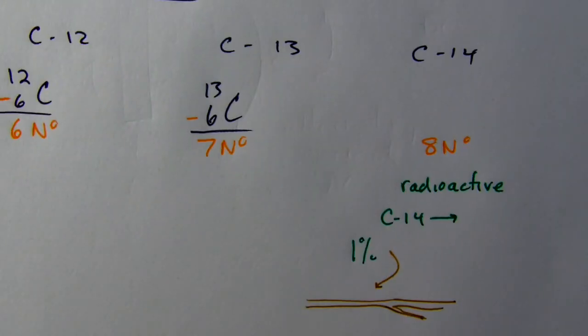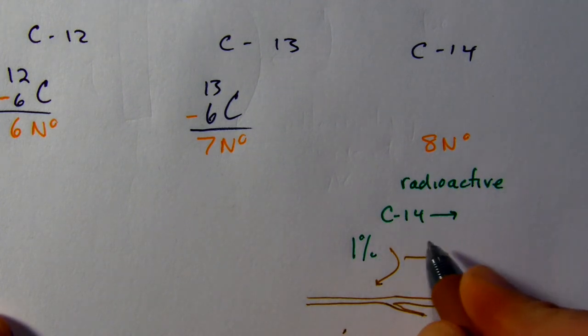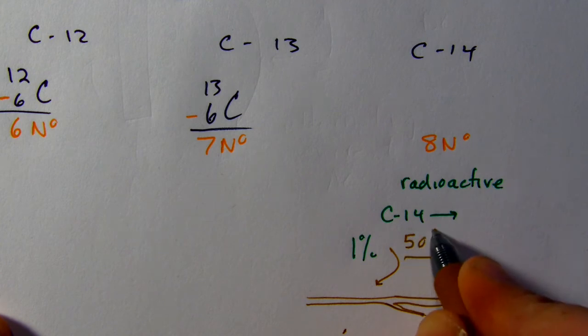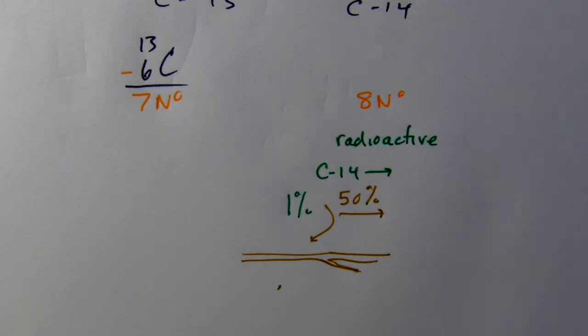When things are grown, that carbon-based organic compounds are produced, 1% of them are carbon-14. And what happens is that over time, 50% decays, and that takes 5,380 years or something like that.